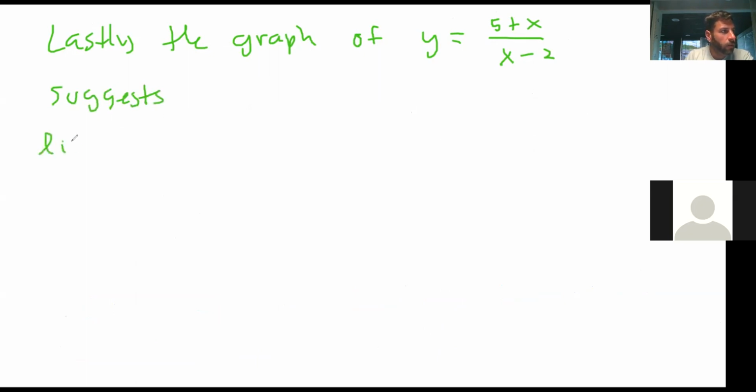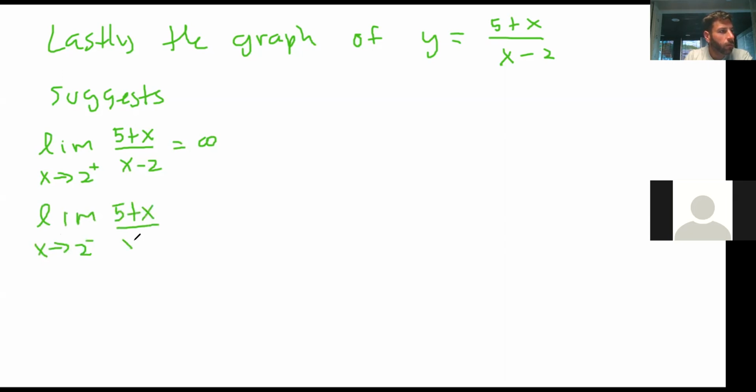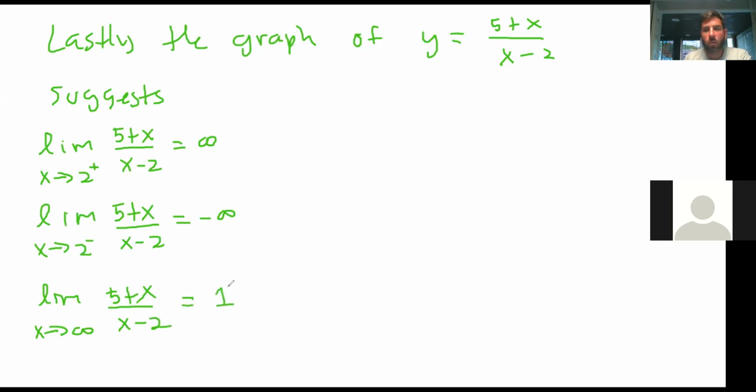It suggests that the limit as we approach 2 from the right is infinity. It suggests the limit as we approach 2 from the left is negative infinity. And it also suggests that the limit as x goes to infinity, as the input keeps getting bigger, the output gets closer and closer to 1.